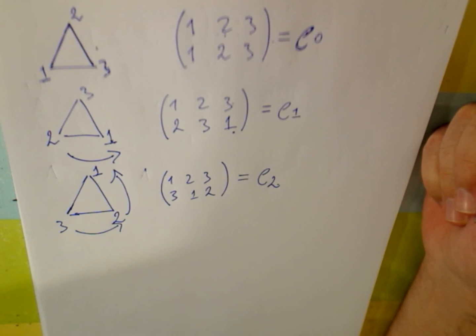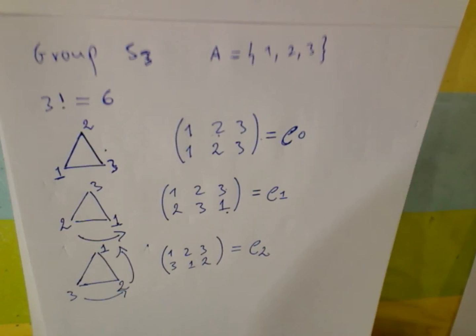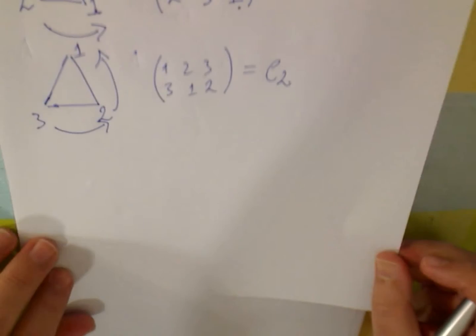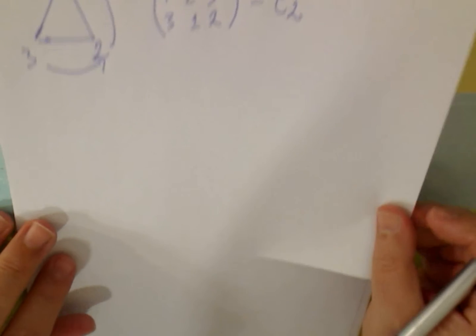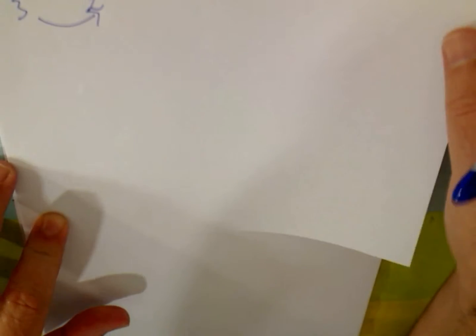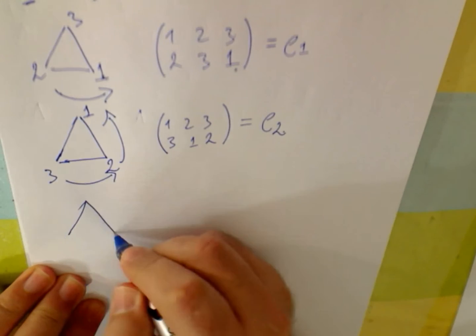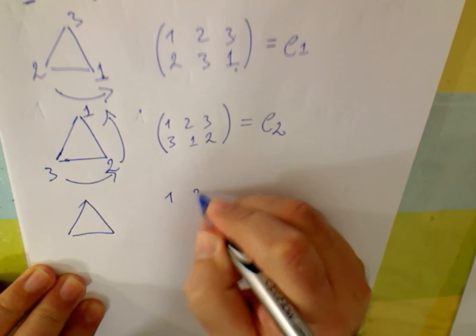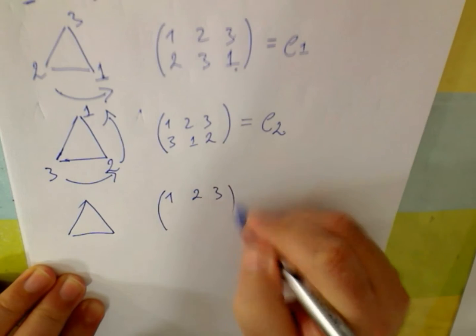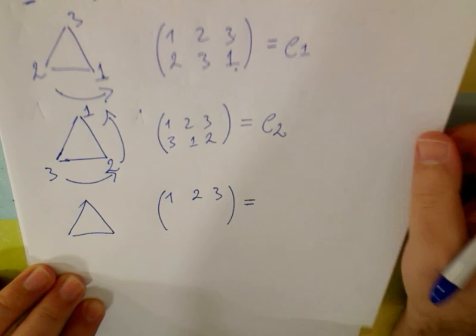Well, but we saw up there that there will be 6 permutations, so we still have some other permutations. Now I'm going to put another triangle here, 1, 2, 3. I'm going to give it a different name now.